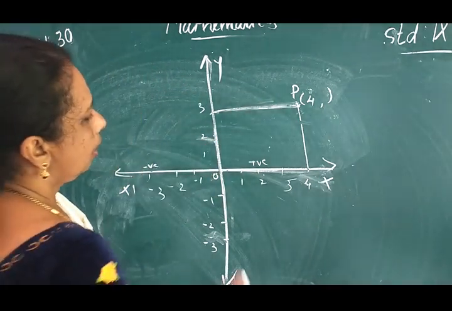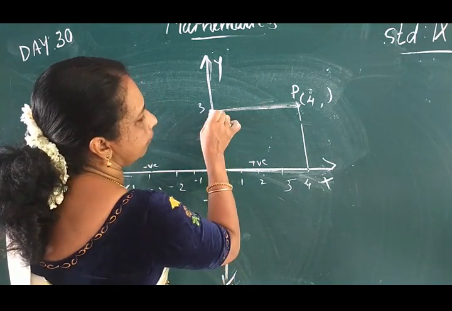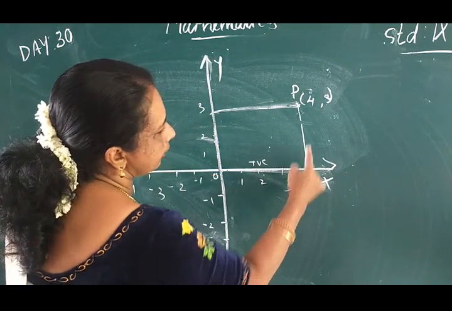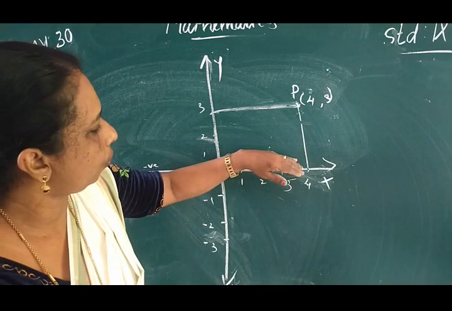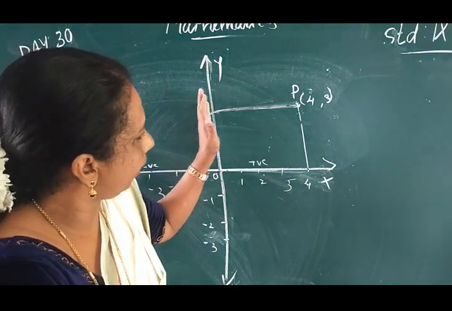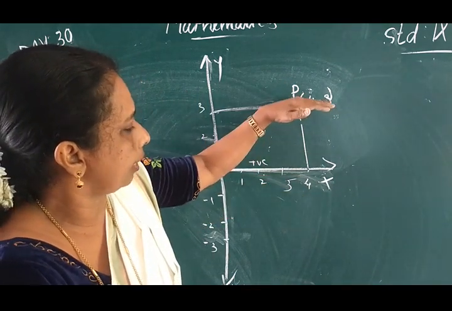The distance is 4 units. And it is 3 units away from the x-axis. That is, the position of the point is (4, 3). That is, it is 4 units away from the y-axis and 3 units away from the x-axis.